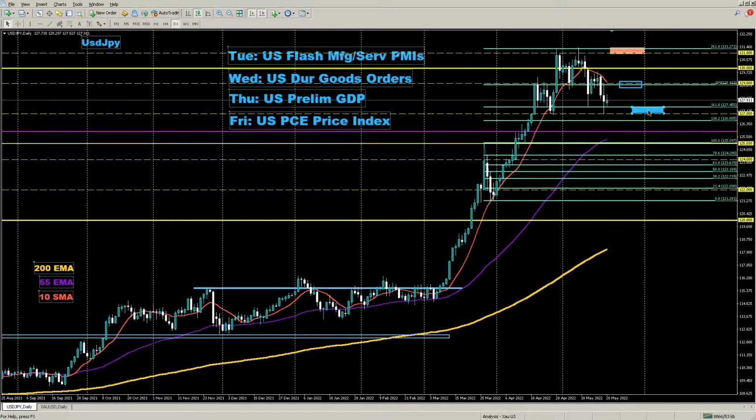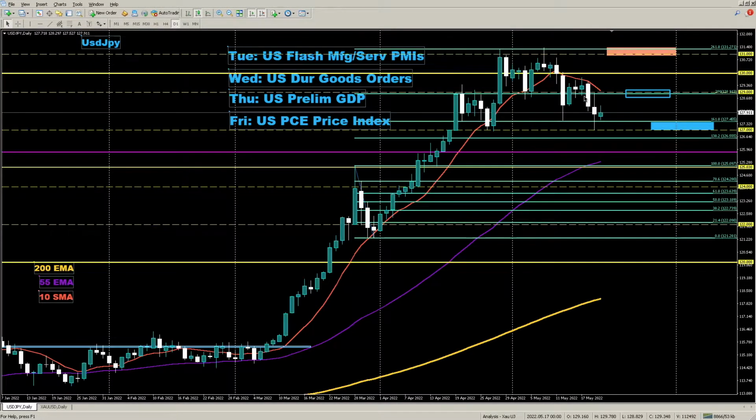That's the support zone here that we had highlighted after a bearish Wednesday. So it was not able to recover back higher above the 130 round figure. It fell hard on Wednesday back below the 129.